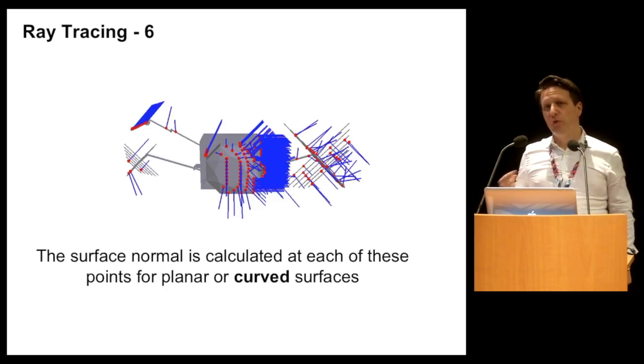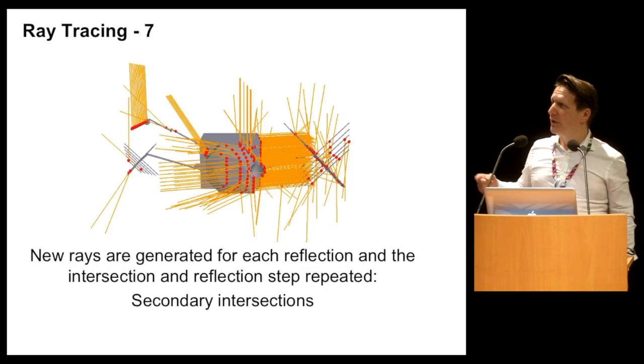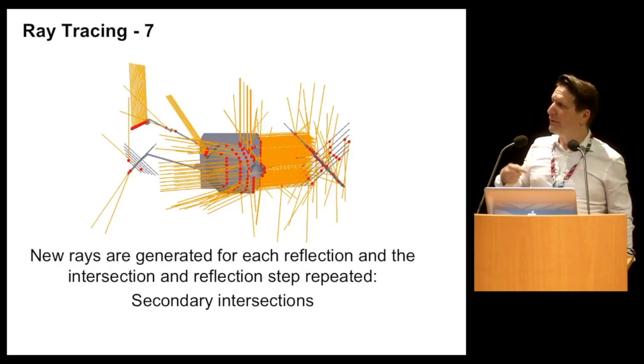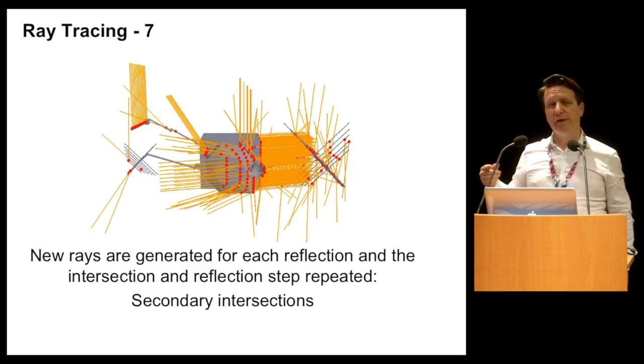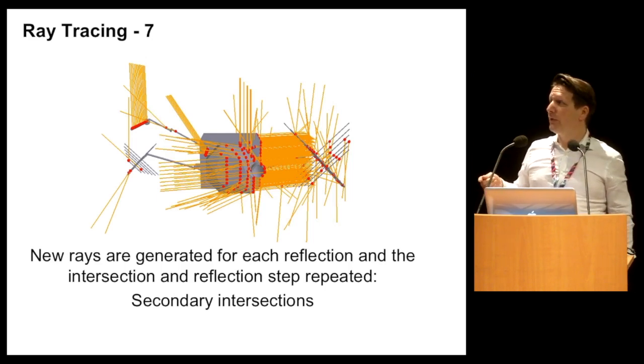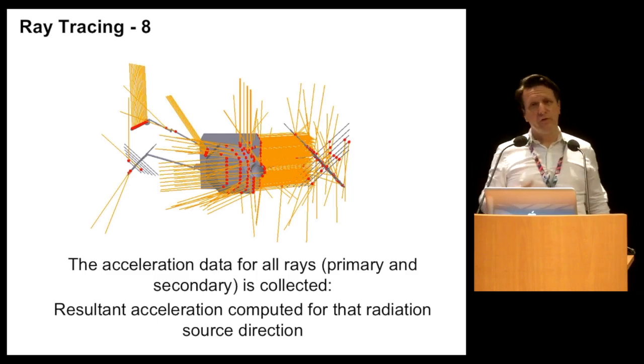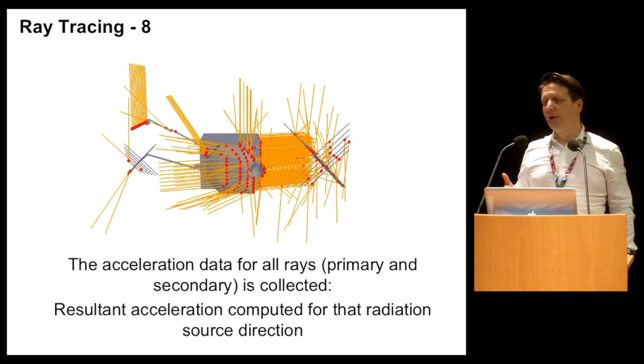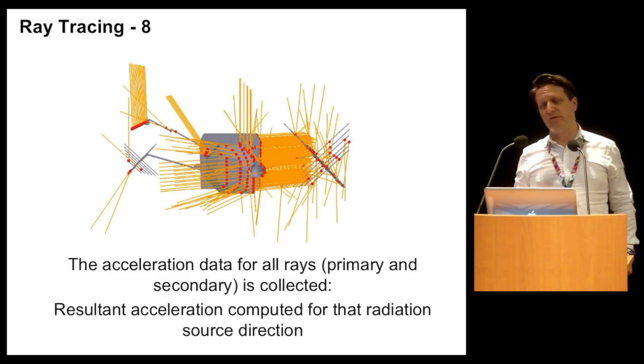We then calculate the normals at each one of those intersection points, and we work out if the radiation bounces off in a particular way, and we work out, does it intersect anything else? We call those secondary intersections. Then we sum together all those force vectors, which we get out of that computation, and calculate a resultant force on the space vehicle.